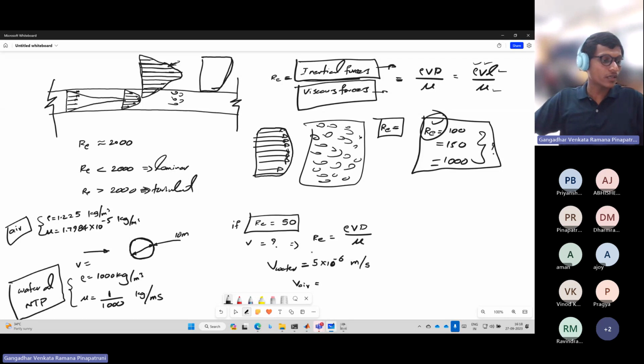Take air as the data, and can you please tell me what is the velocity? Is it much smaller or much larger?